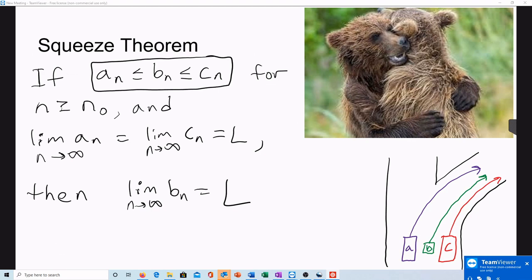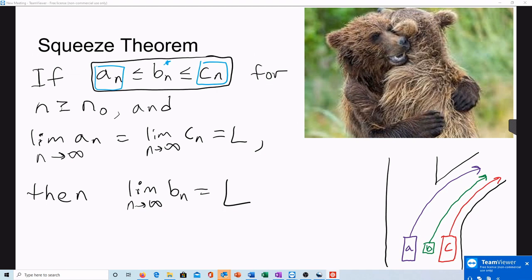I'm going to pick A and C to be as easy and straightforward as possible. So what's the setup to the squeeze theorem? You're going to start with some sequence B sub n here that you don't know about. What you're going to do is go, do I know about any sequences A and C that can squeeze B?